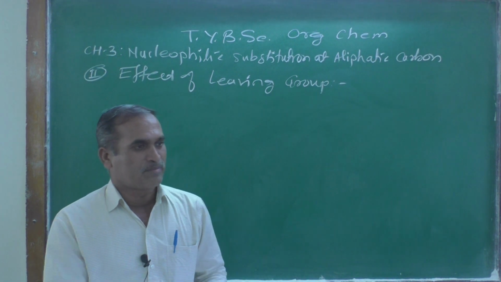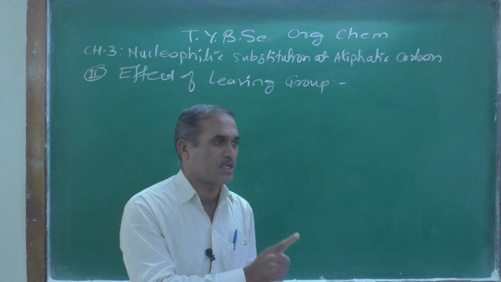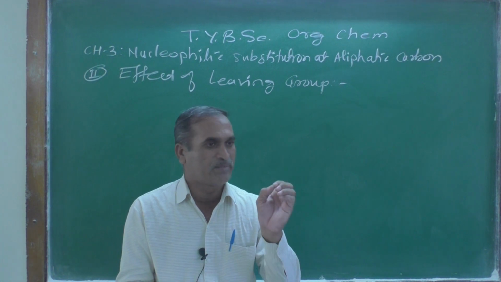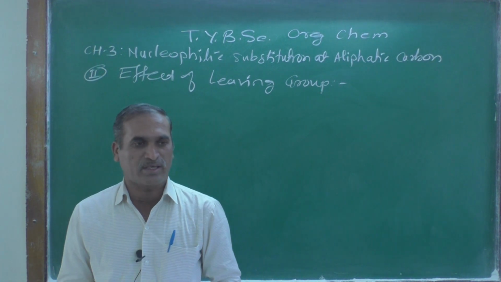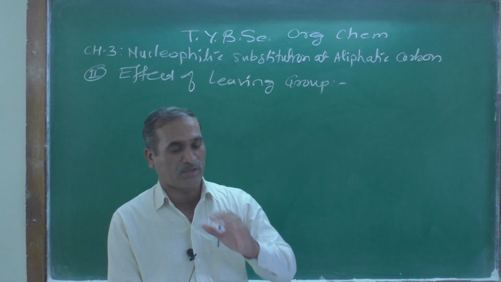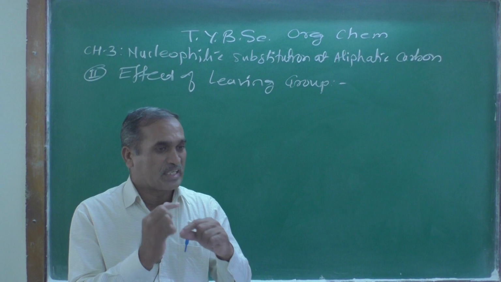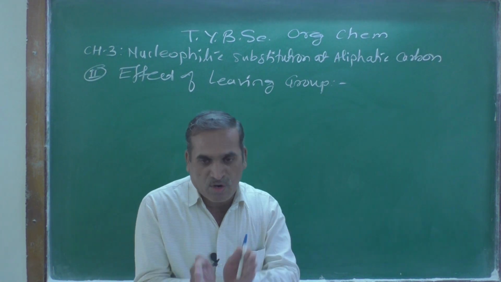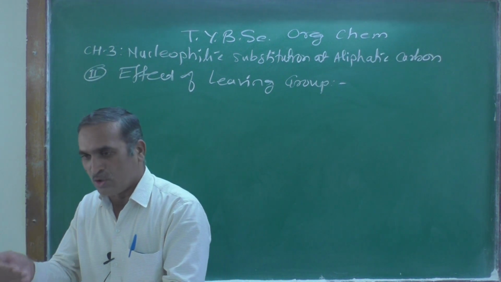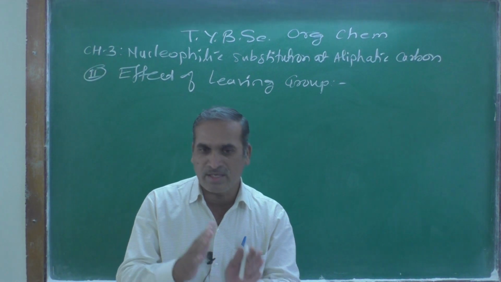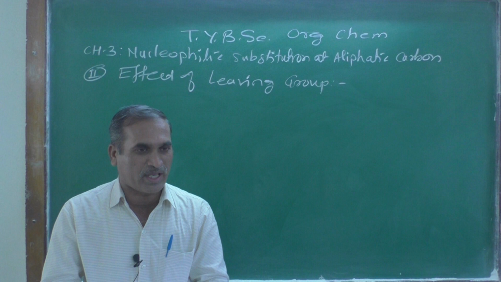Number one, the effect of the structure of the substrate, which we have described fully. There are two main sub-factors which decide whether the reaction follows the SN1 mechanism or the SN2 mechanism.